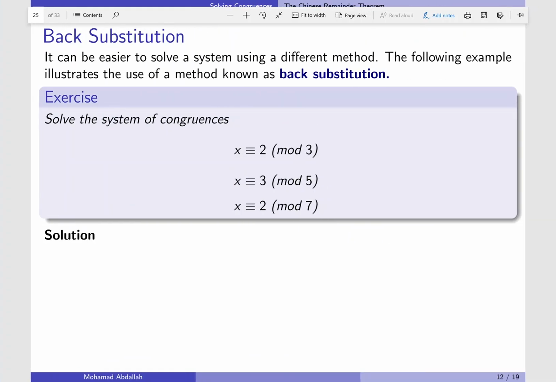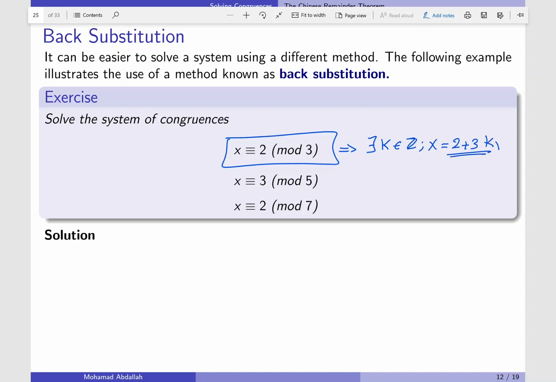Start from the first equation. There exists k1 in Z such that x equals 2 plus 3k1.